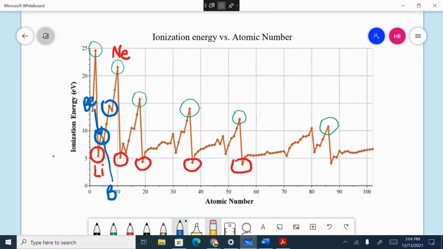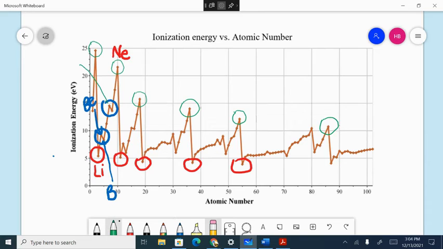So it comes off with a little bit more ease, a little less energy than the doubly occupied 2s electron shell of beryllium.